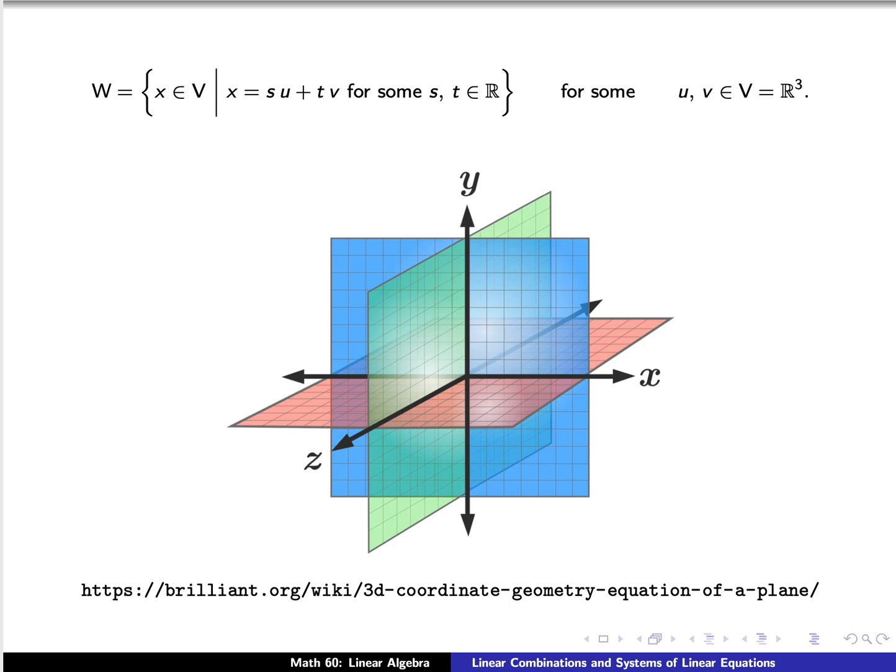The red plane, the one that's going through the xy plane, that's an example of a W. The blue plane, this is going through the xy plane, this is another example of W. And the green plane, this is going through the yz plane, this is yet another example of W. Here you can convince yourself that there must be infinitely many examples of W. That is, infinitely many examples of subspaces of 3-space.